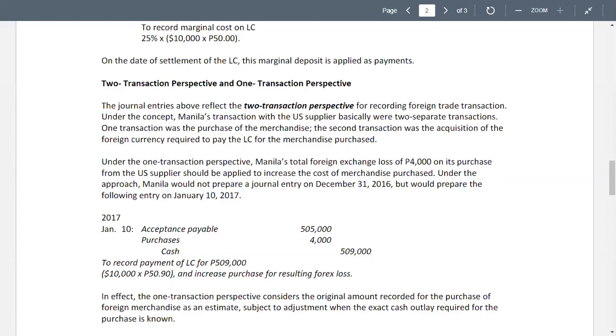Number 5, the process of expressing amounts stated in one currency in terms of another currency through the use of an appropriate currency exchange rate between the two currencies is called translation.